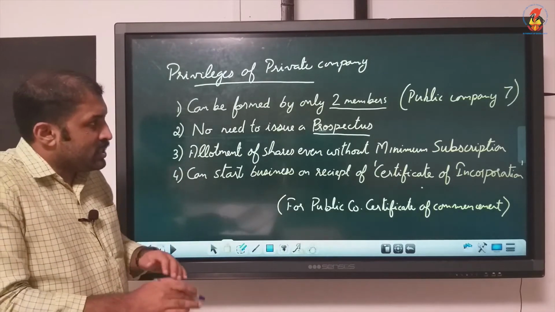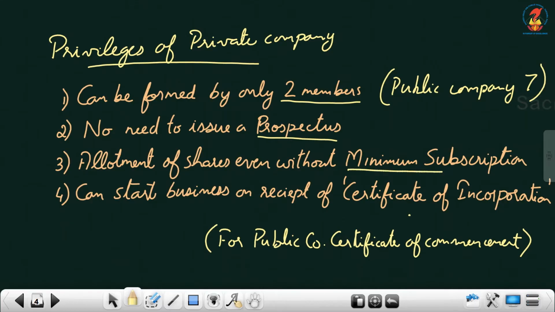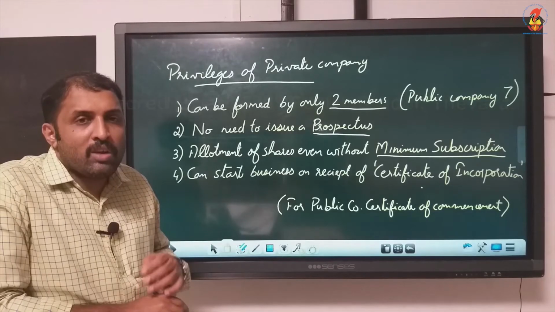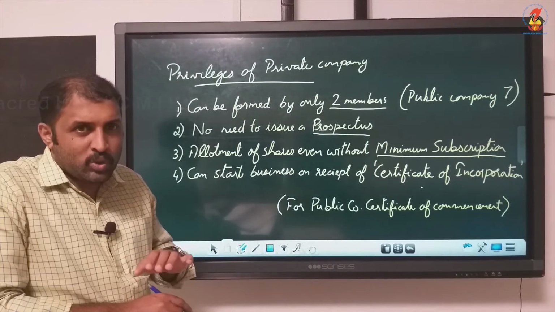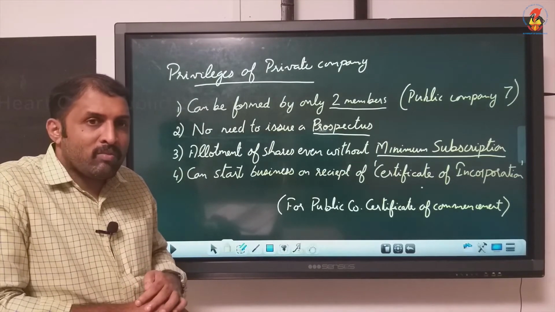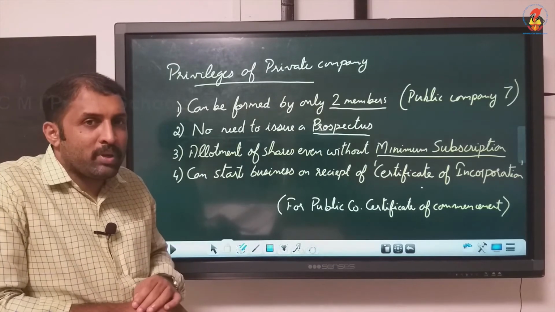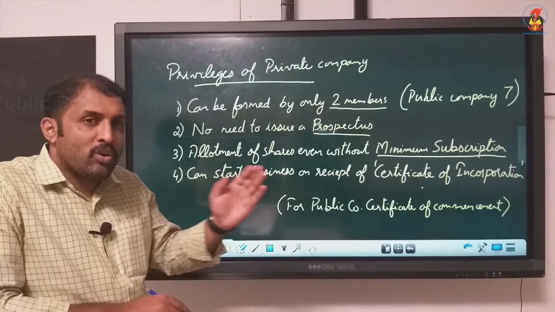Another thing is that there is no minimum subscription. Minimum subscription means that when shares are issued, at least 90% of the shares must be applied for or subscribed before we can allot, to make sure that enough funds are there. But a private company need not follow this.